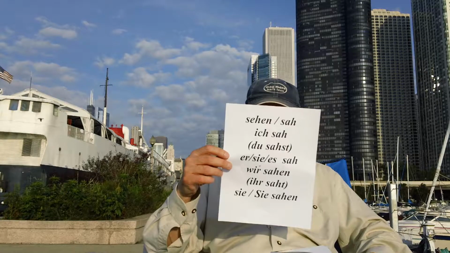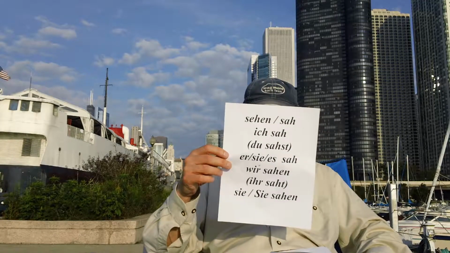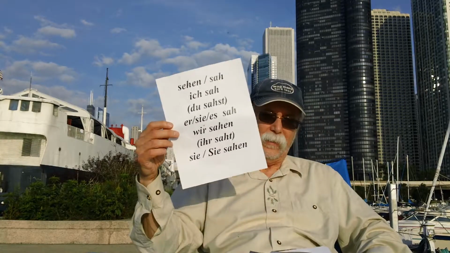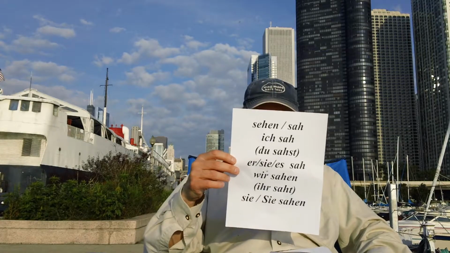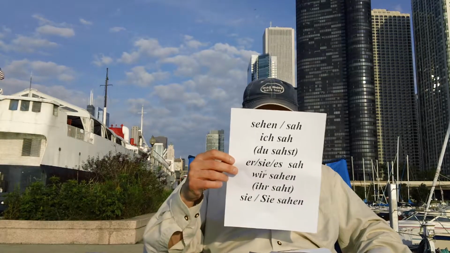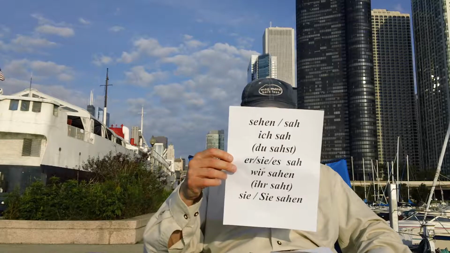Ich sehe, du siehst, er sieht. I'm sorry, I'm in the present tense, now I'm in the past. Ich sah, du sahst, er sah, wir sahen, ihr saht, sie sahen. I was distracted by the seagulls. You have to be able to hear them.